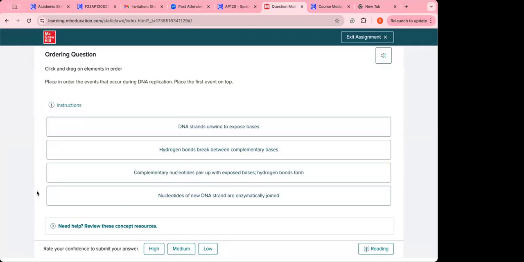So they unzip, then the... Let me see if I can actually follow this.